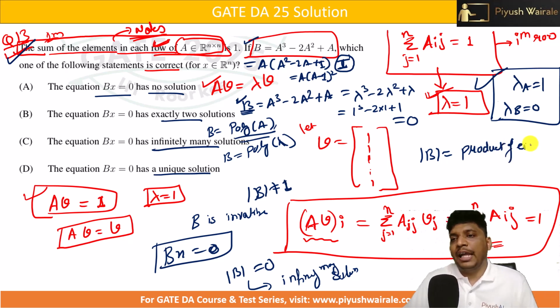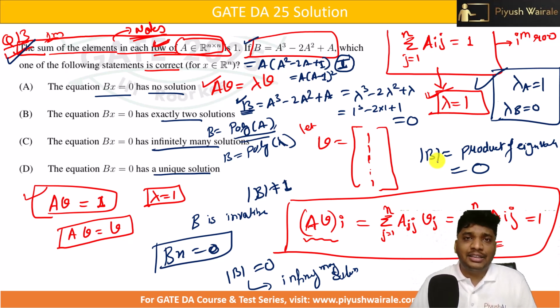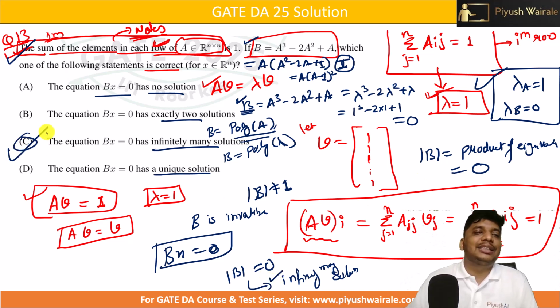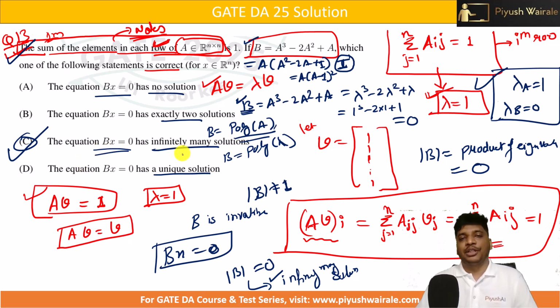But if one of the eigenvalues is 0, then the product will be 0. It means the determinant of matrix B is 0. It is a non-invertible matrix, right? It means it has infinitely many solutions. So option C is correct: the equation Bx equals 0 has infinitely many solutions.